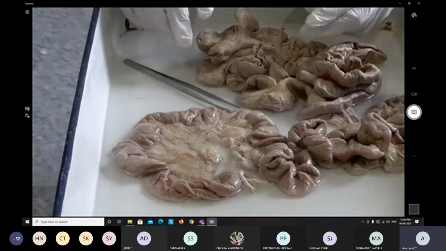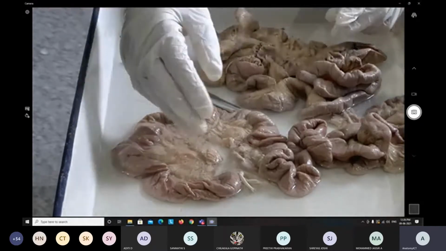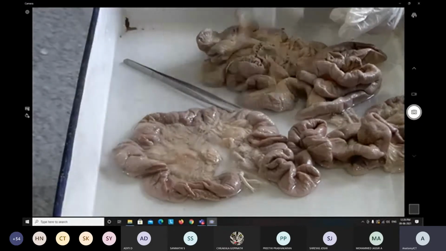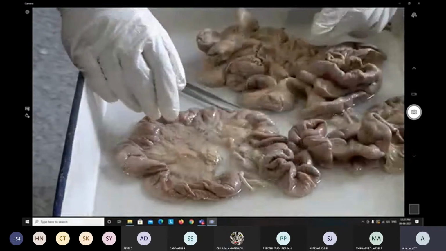Those veins unite with each other and ultimately form the portal vein. That portal vein ultimately opens into the liver.